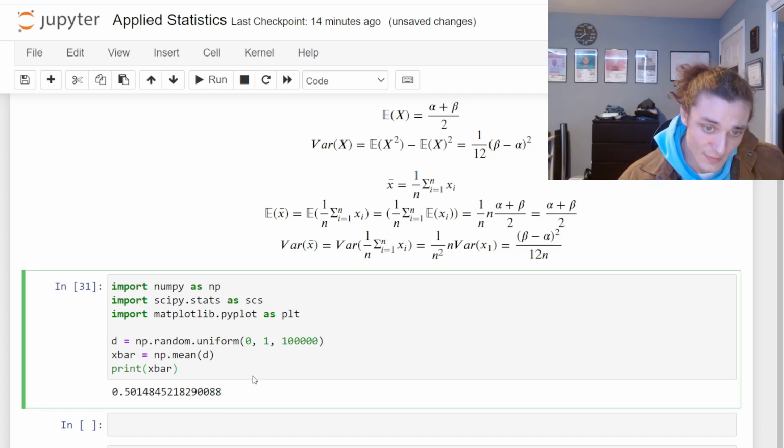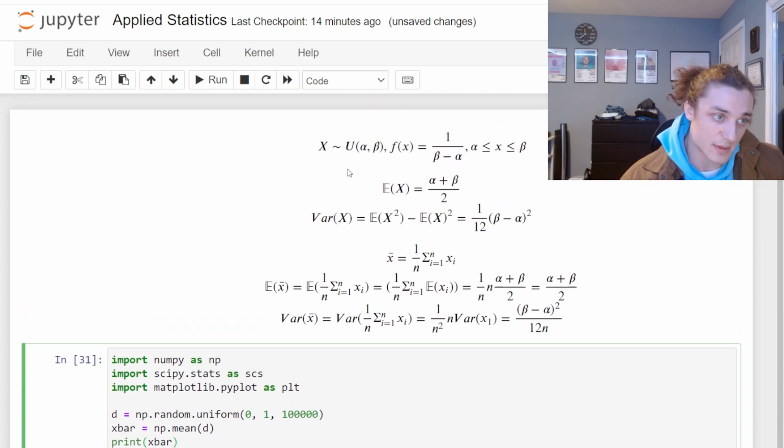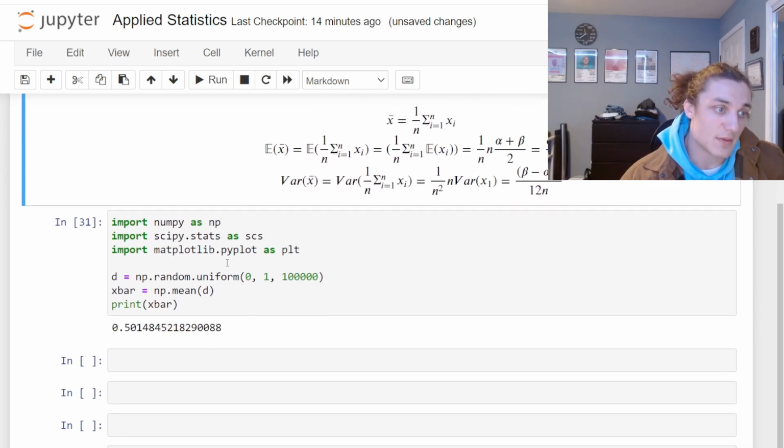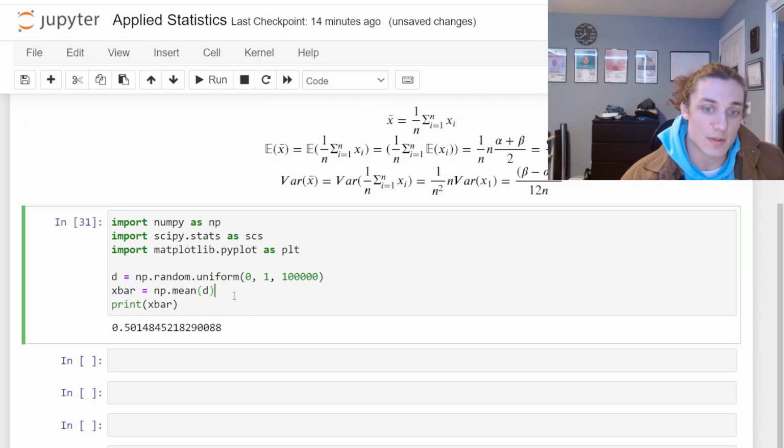And this is going to be the case, but the interesting thing here is it doesn't matter what the underlying distribution is. So in other words, here we have a uniform distribution, but this could be Poisson, Bernoulli, binomial, it could be normal, and this idea is still going to be the case.